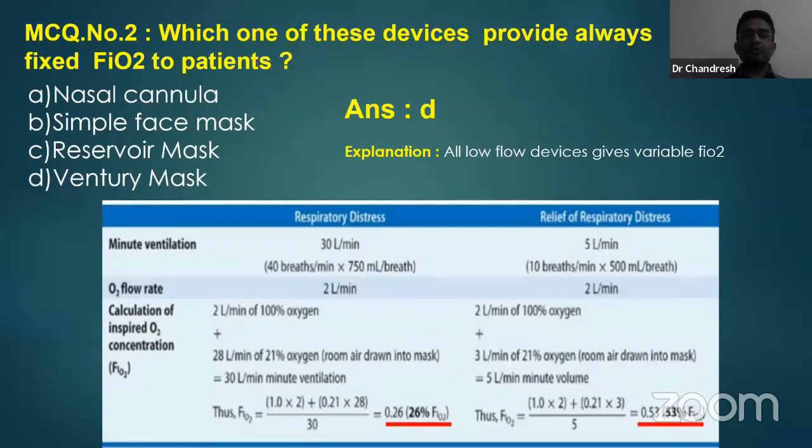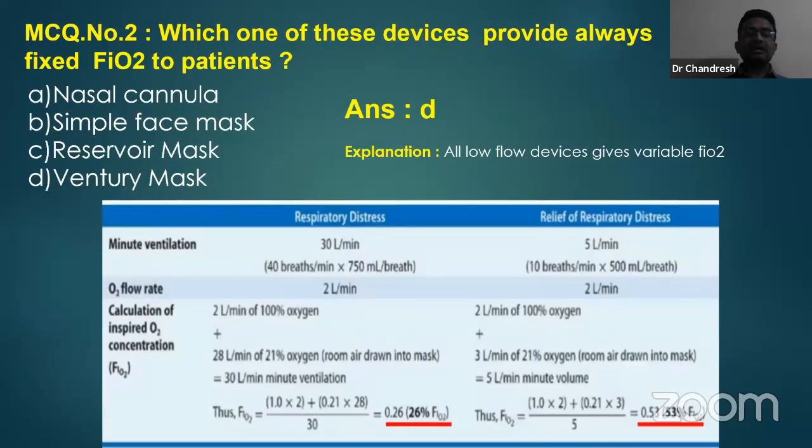Same patient, you provide 2 liters of oxygen through a nasal cannula. One patient is breathing a little faster, at 40 breaths per minute, and has a minute ventilation of up to 30 liters per minute. Another patient who is comfortable is breathing at 10 breaths per minute, so you can say the minute ventilation is 5 liters.